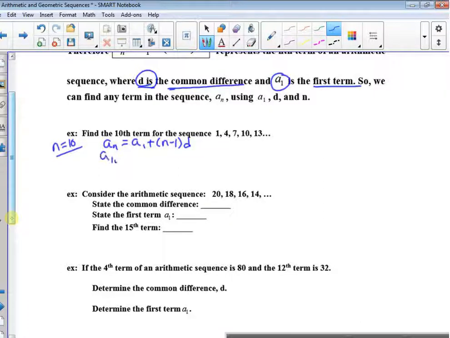So a sub 10 would be the 10th term. Our first term is 1, so that goes in for a sub 1. Remember, n was 10, and our common difference is 3. So our 10th term would be 1 plus 9 times 3, or 27 plus 1, which is 28.